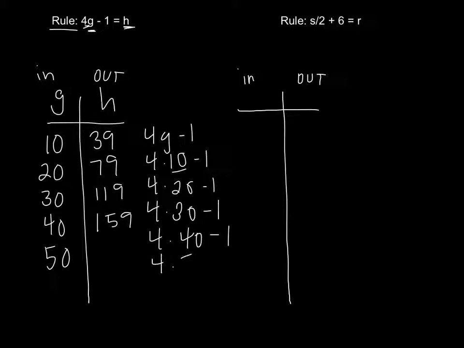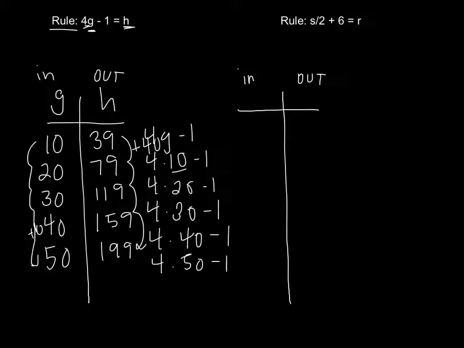And the last is 50. 4 times 5 is 20, so that's 200 minus 1, which is 199. So because I used a pattern on this side by going up by 10, I also have a pattern on this side, and I'm actually going up by 40. And it makes sense because the relationship over here, 10, should be multiplied by 4, which would give me 40 to match the relationship in the table.